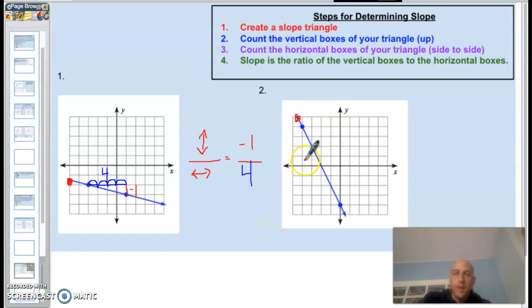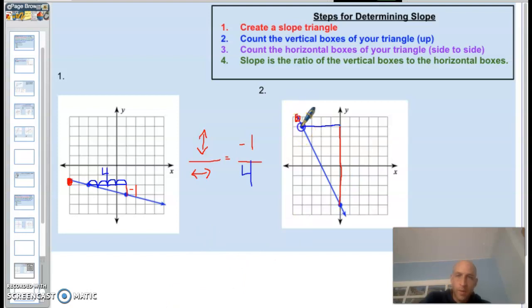Okay, so we're going to start at our leftmost point, and we're going to go over until we are above the other point. So that looks like right here. So we're going to stop there. And then we have to head down to create our slope triangle. So how much did we go over?